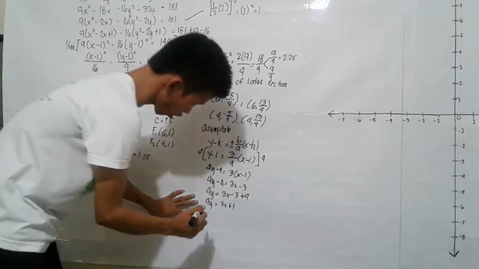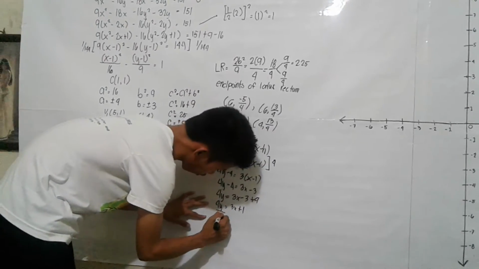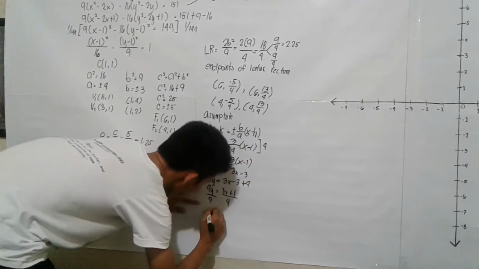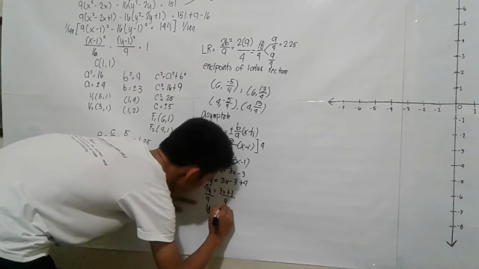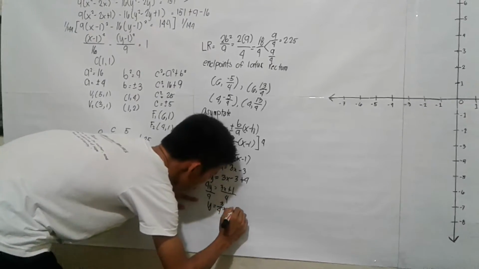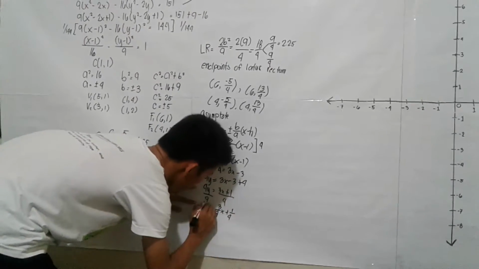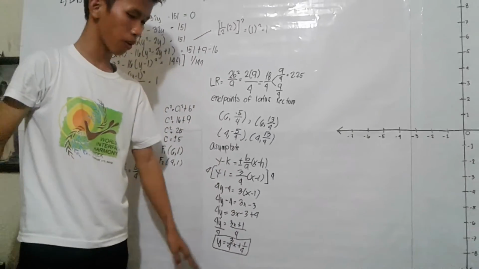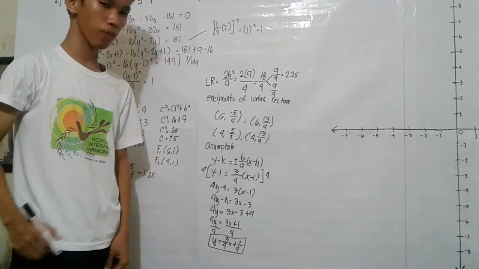Then divide by 4. So the result is y is equal to 3/4 x plus 1/4. So this is the value of our asymptote in positive.